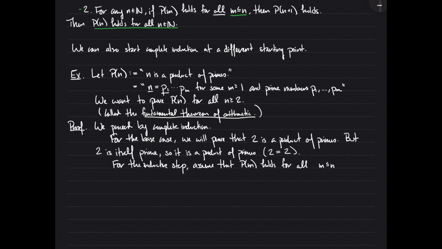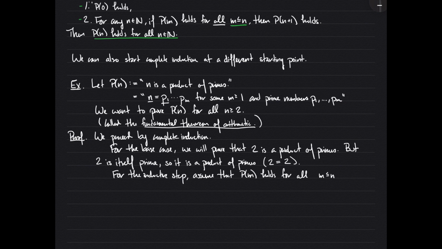So that's what our inductive step says. But we are not starting at 0, we're starting at 2. So we also want to say that m is greater than or equal to 2, because certainly P of 0 is not true. So we have these bounds on both sides since we're combining complete induction and induction at a starting point. Okay, so we're going to assume that P holds for all of these m's.